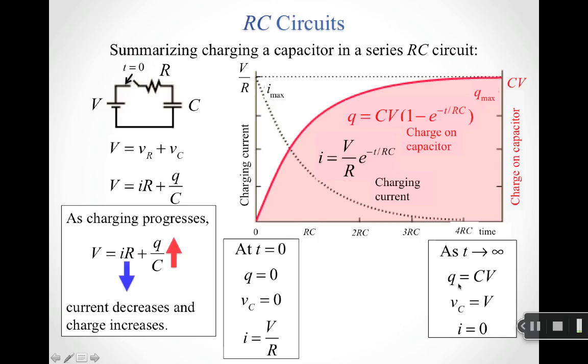As t becomes really large, on the other hand, I have the maximum charge on the capacitor, equal to C times V, the capacitance of the capacitor times the voltage of the battery. The voltage of the capacitor is equal to the voltage of the battery.